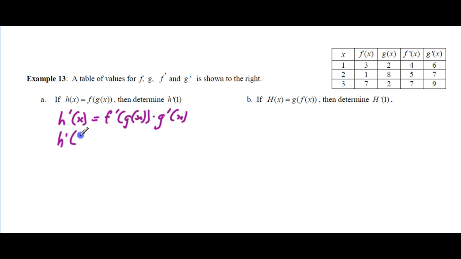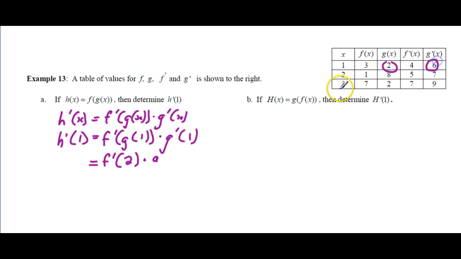And we want h prime of 1, so that's f prime of g of 1 times g prime of 1, which is f prime of, okay, so g of 1 is 2, times, and g prime of 1 is 6, so times 6, and f prime of 2 is 5, so 5 times 6 is 30.